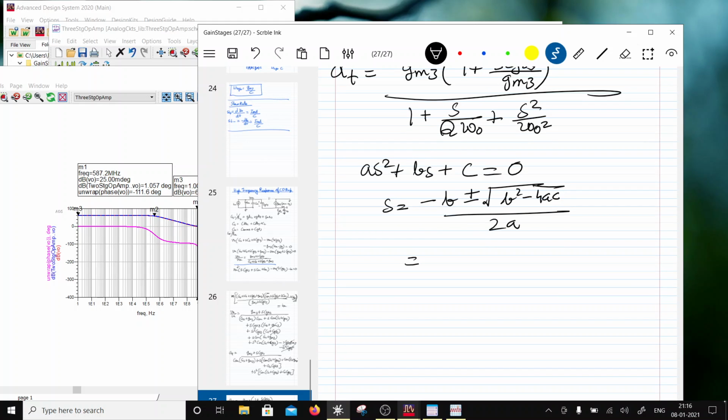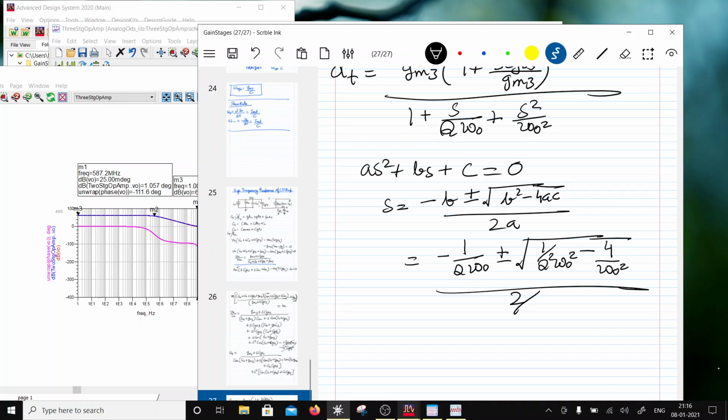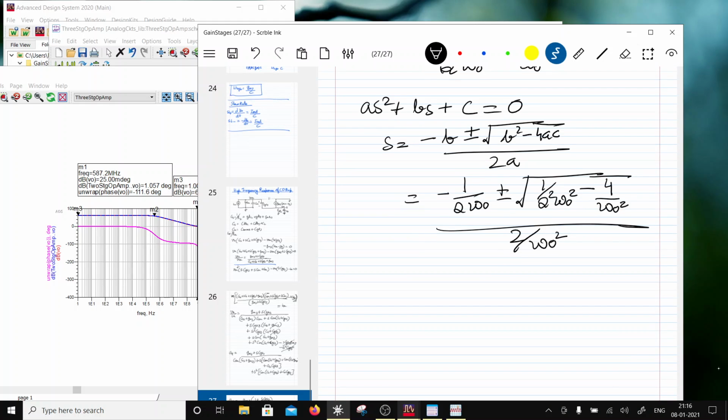In this case, B is minus 1 over Q omega naught plus minus root of B square, which is going to be 1 over Q square omega naught square minus 4AC, where A is 1 and C is omega naught square, divided by twice of A. So this is the equation for the two poles, which can be complex, which can be real.